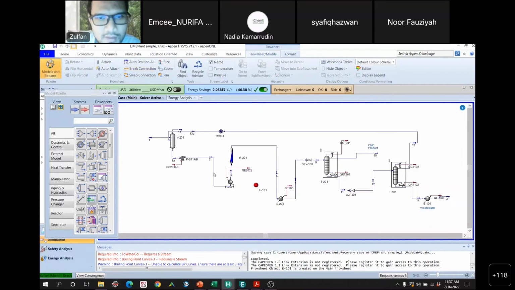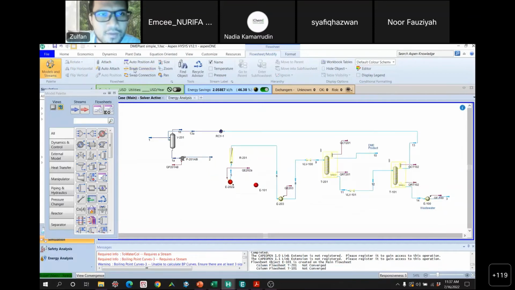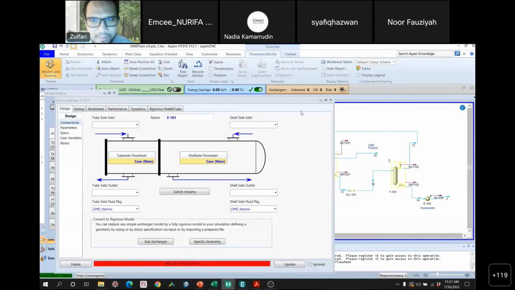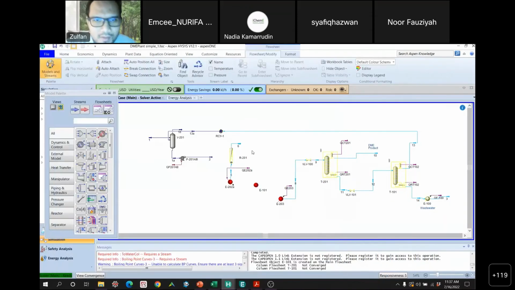So I will cut this, and I will also cut this. So that means I want to put this into here. It'll take some time somehow. So I will then do this.